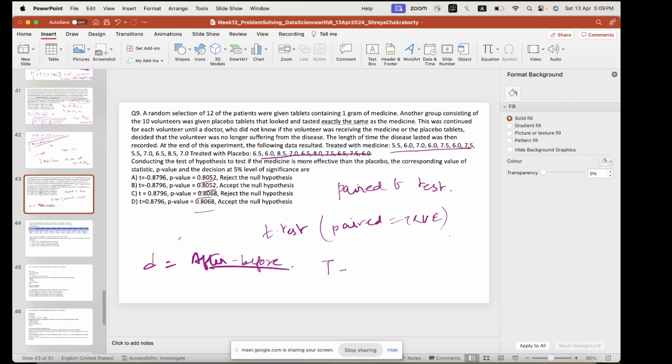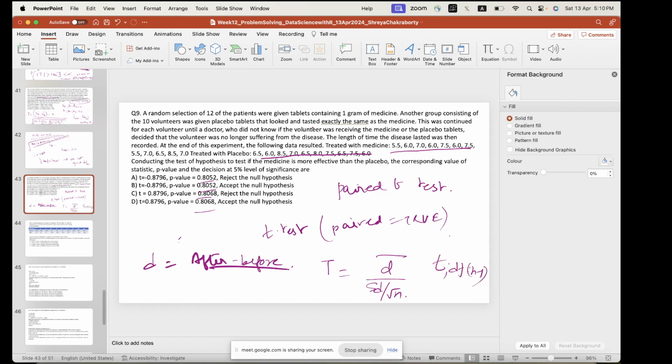So then the test statistic would be d bar, the mean of the differences, divided by SD by root n. Okay, and then the distribution will also be a t, with df equal to n minus 1.